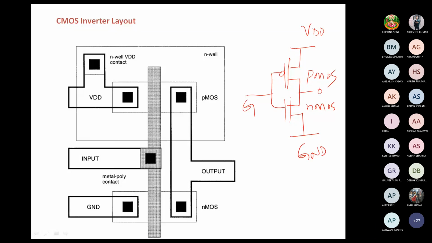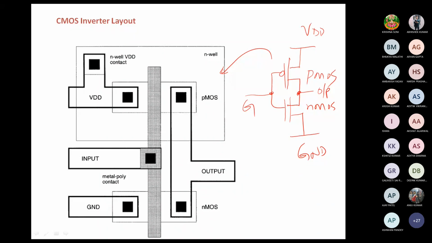And there we have an output from the common drain. So a typical layout of this full CMOS inverter is shown over here, how it looks on the silicon.